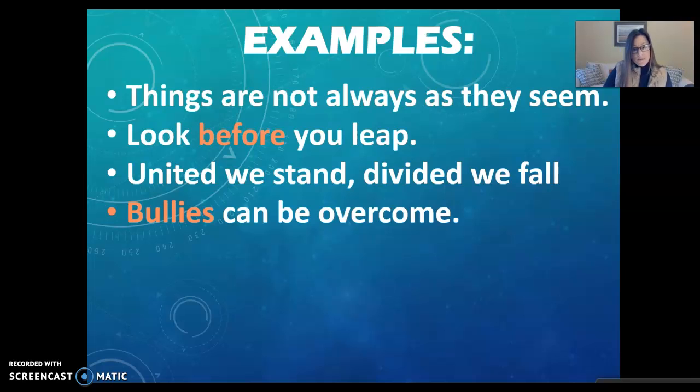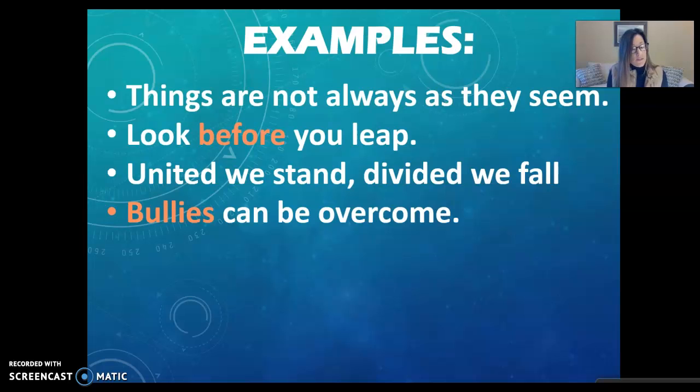Some examples. Things are not always as they seem. That may be when something surprising happens, and the lesson is that things aren't always as they seem. You think you have it figured out, and then you're surprised at the end. Look before you leap is another common theme, all right?